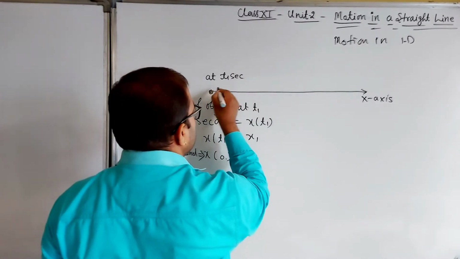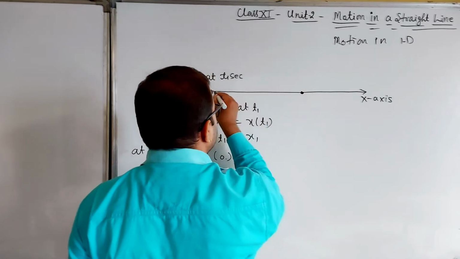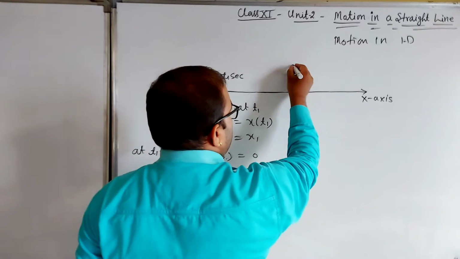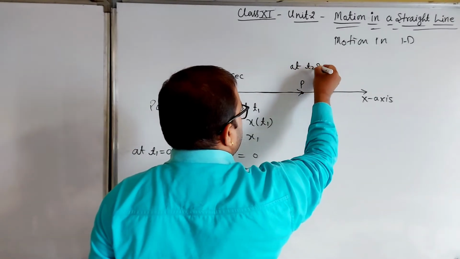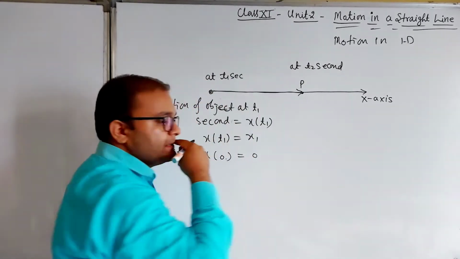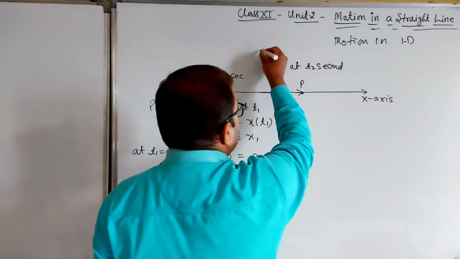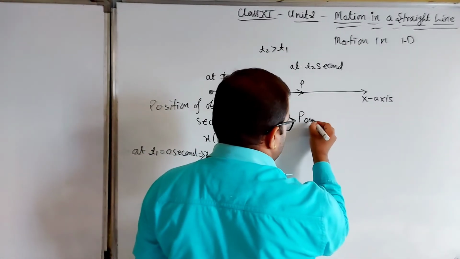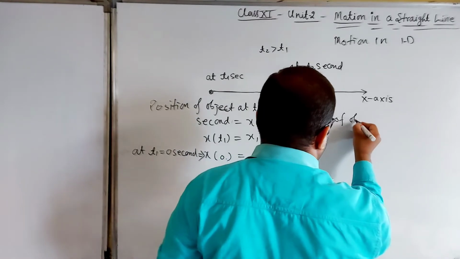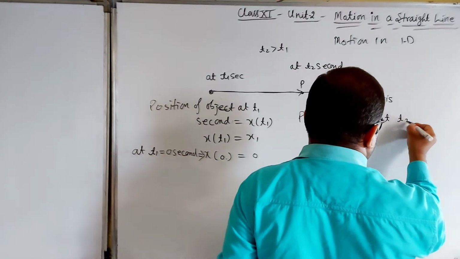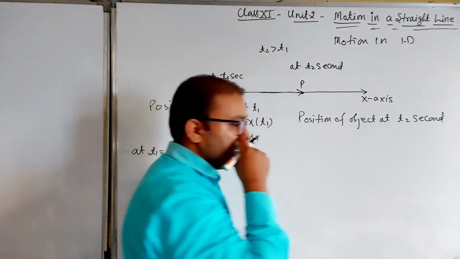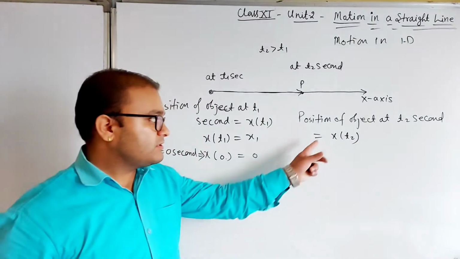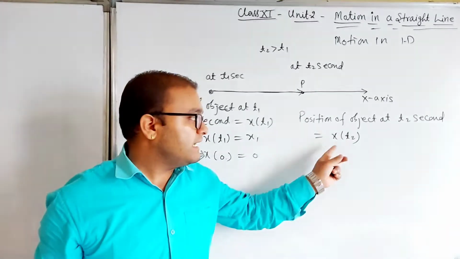Now after some time t2, the object is moving like this, and the object reached this point, okay, P. So at t2 second, P is the position of the object, and here you can note down t2 is greater than t1. So how can I define this position? I may write position of object at t2 second equal to x(t2), means position is a function of time at t2 second.